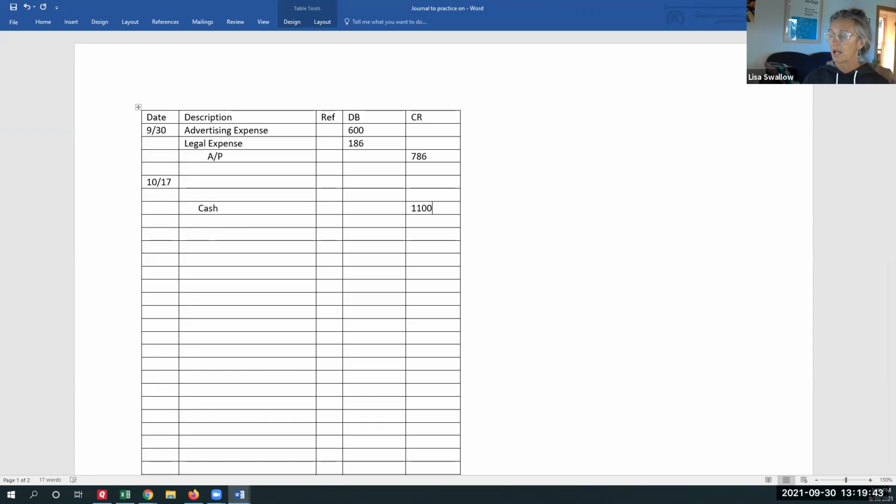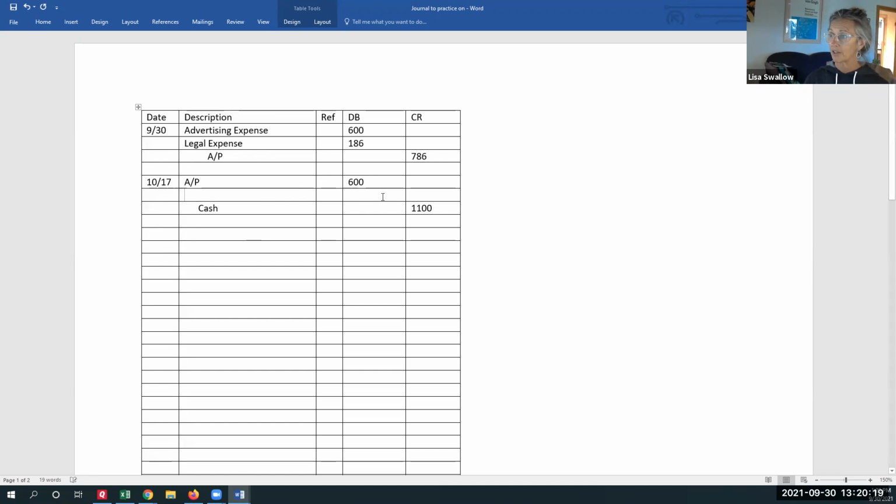And of that $1,100, $600 was from that September expenditure. Much like when we did the accrued wages, that $600 is part of AP. That's a liability. I'm decreasing it because I'm now paying it, right? So I want to get rid of that $600 of accounts payable that I accrued in the prior month.